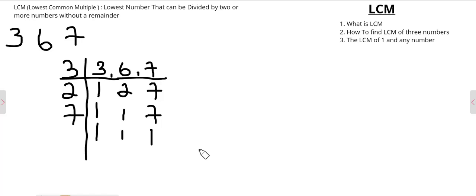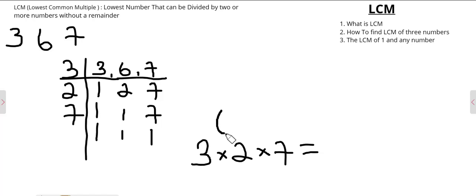So at the end of the day, we have 3, we have 2, and we have 7. All you need to do is to introduce your multiplication sign here, and then we are good to go. So 3 times 2 will give us 6.